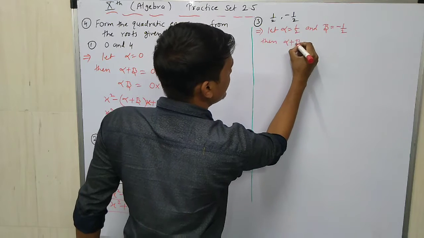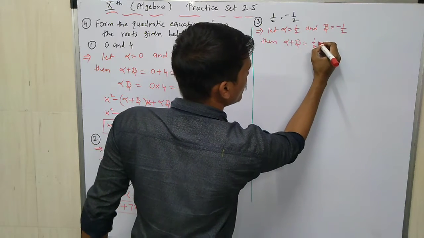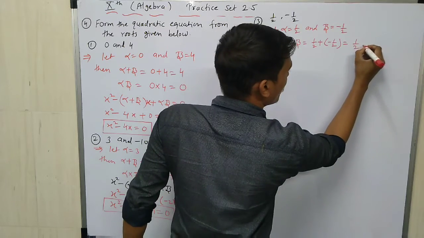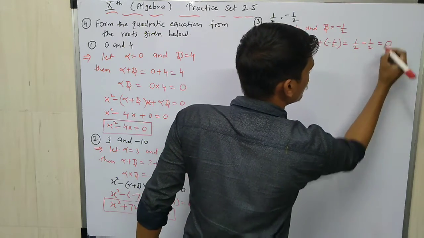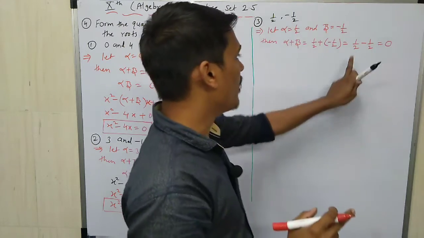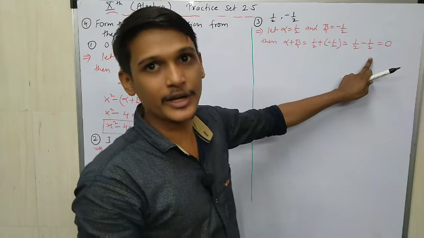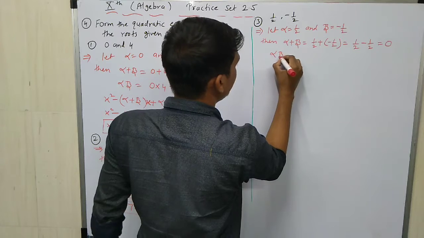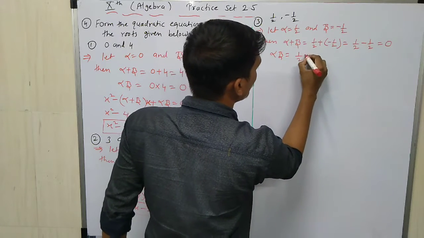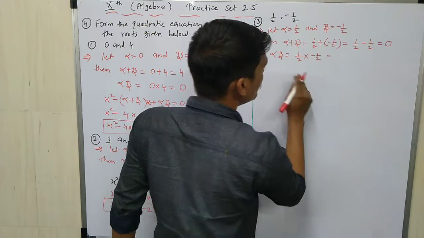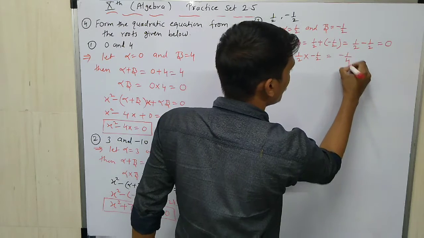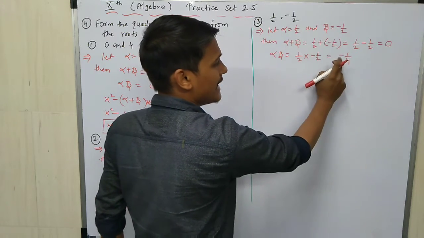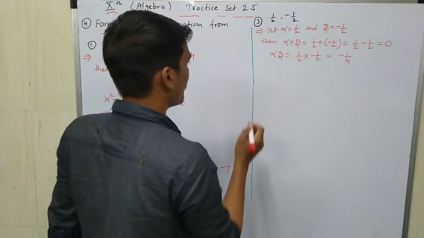Then alpha plus beta is equal to 1 upon 2 plus minus 1 upon 2 is equal to 0, because one positive and one negative number will give 0. Alpha beta is equal to 1 upon 2 into minus 1 upon 2 is equal to minus 1 upon 4. 1 into 1 is 1, 2 into 2 is 4. There is a minus sign, put the minus sign here.